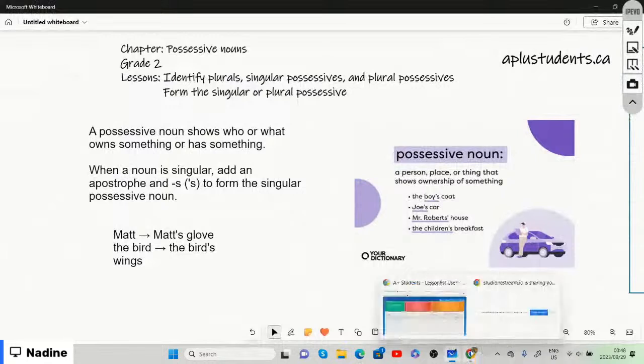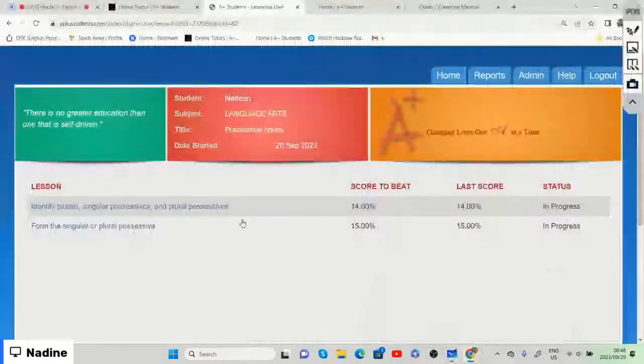And remember, we add an apostrophe and S to a singular noun, and if there is a plural noun that ends in an S, for example, boys, schools, and you want to show something that the boys or the schools own, then instead of putting the apostrophe and the S, we just add the apostrophe, right?